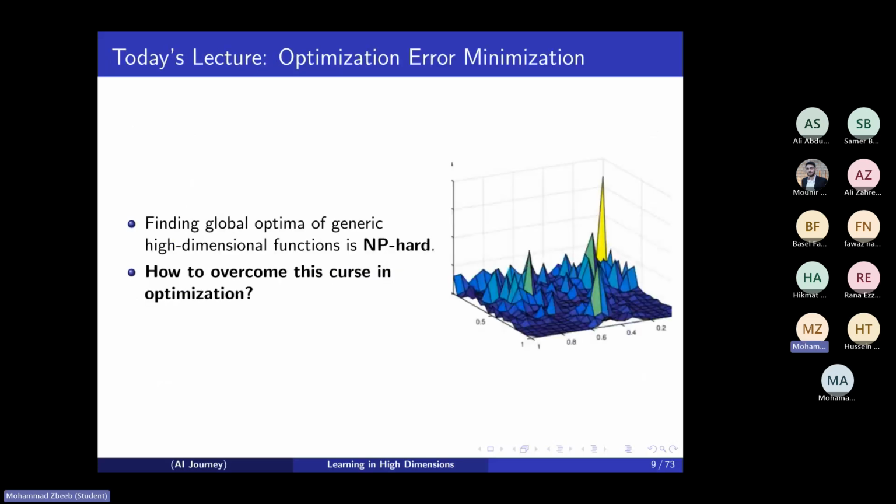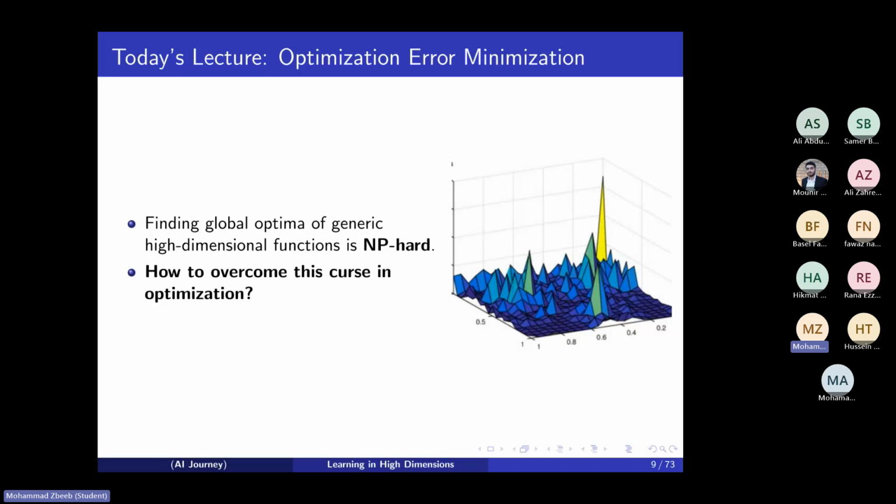Today's lecture, we're going to take a closer look at the optimization error and how we can minimize it. I'm going to introduce a term called NP-hard problems. I won't explain what it is; think of it as a very complex computer science problem that we hope to solve someday.